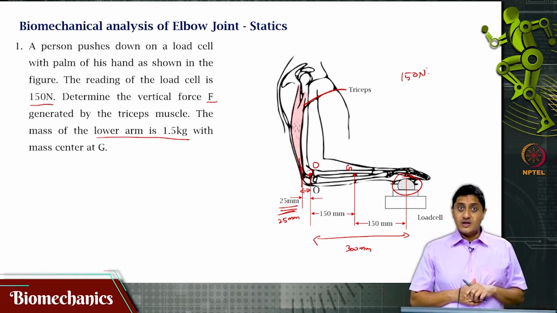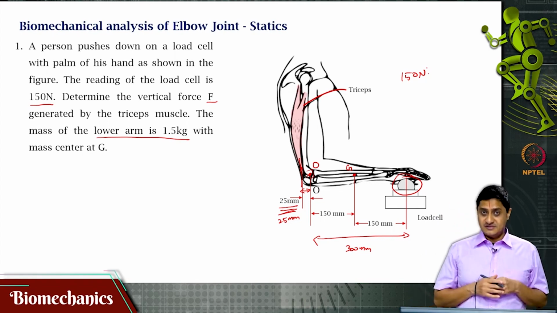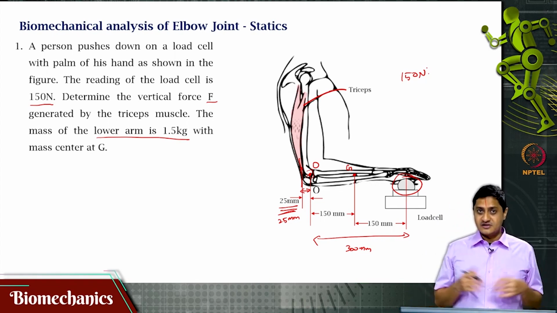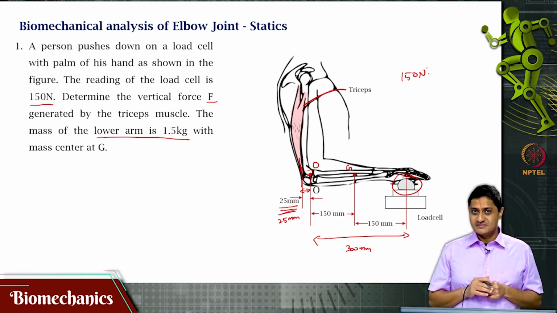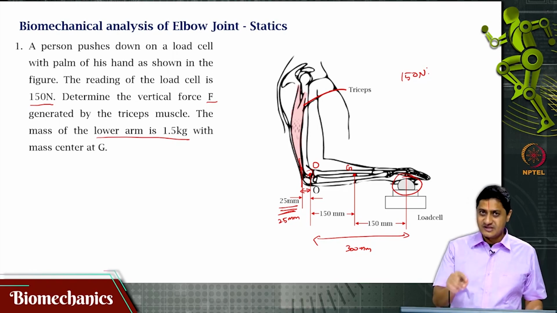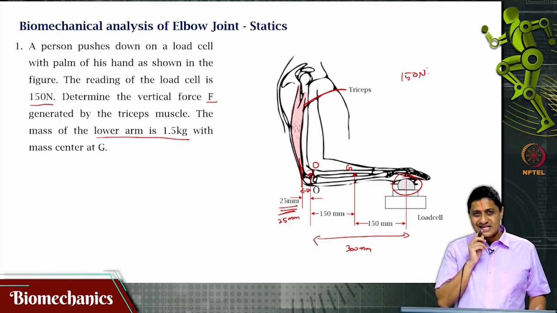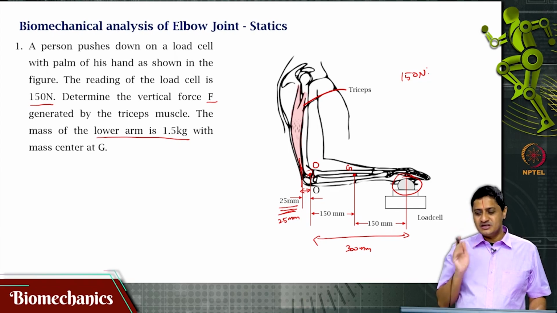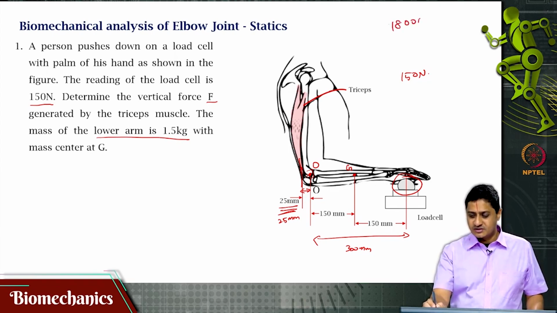there are about 12 25s in 300. If all goes well, assuming that there is nothing else, we will rigorously solve this. The solution should be close to 1800 newtons.